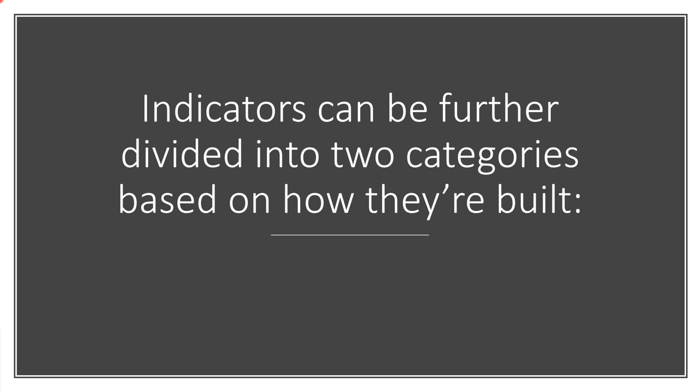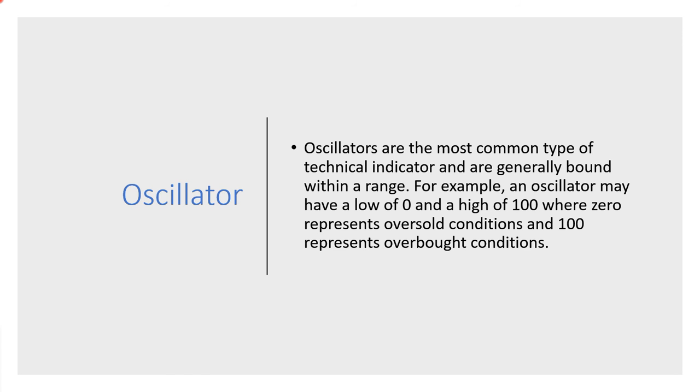And then indicators can further be divided into 2 categories based on how they're built. Oscillators, which I mentioned before, are about the most popular. Oscillators look like a radio oscillator, but when they're calculated, they always come out between 2 variables, like RSI and stochastics. No matter what happens in the market, they will always come out between 0 and 100, where MACD will come out to whatever the numeric value is, and it's plotted under, sometimes positive, sometimes negative.